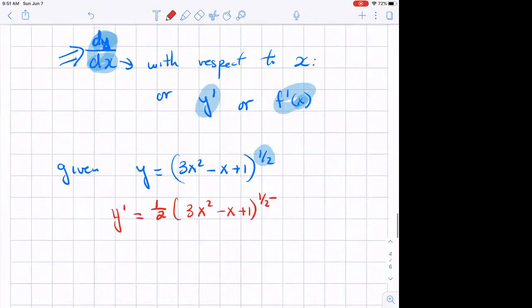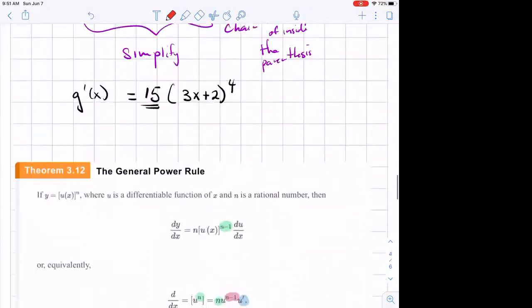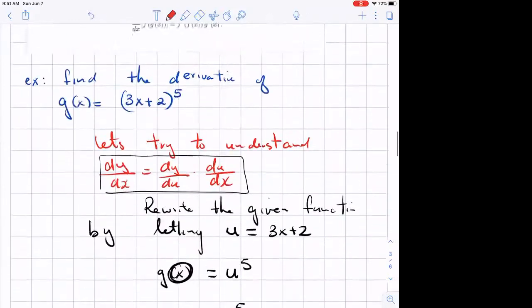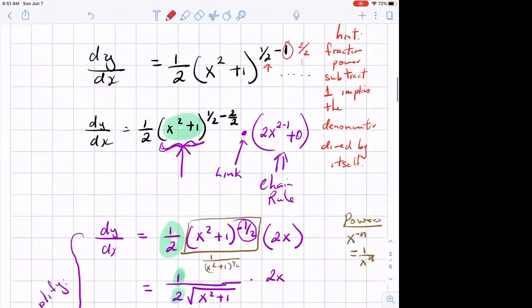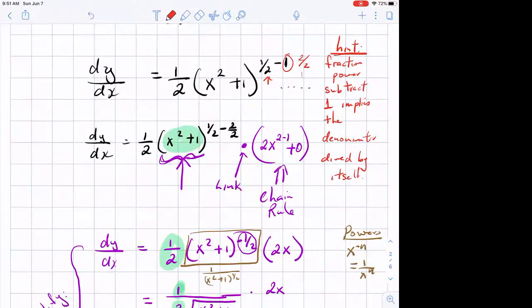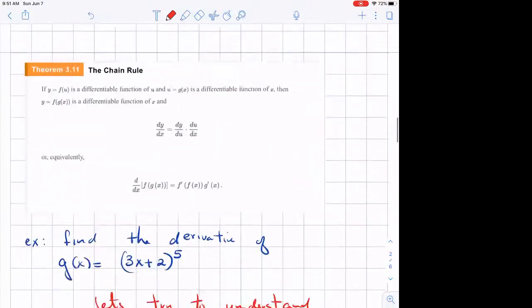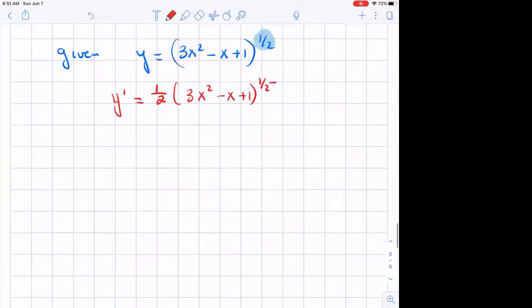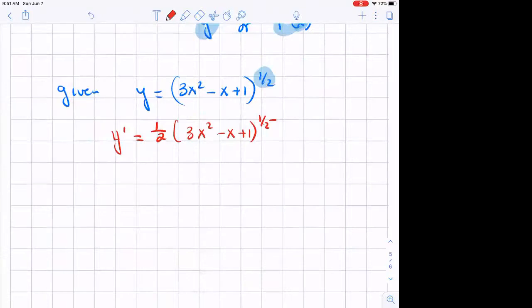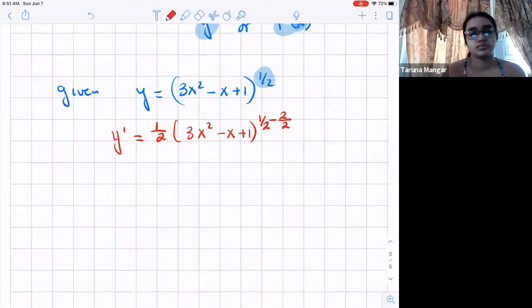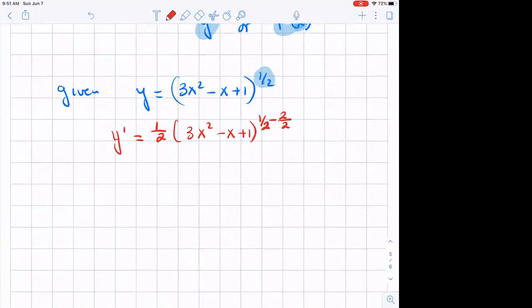Since this is a fraction, the hint is: fraction power, subtract 1 implies the denominator divided by itself. The denominator is 2, so I'm going to subtract 2 over 2. If the denominator was 5, I would subtract 5 over 5.